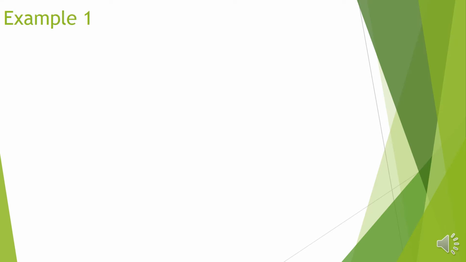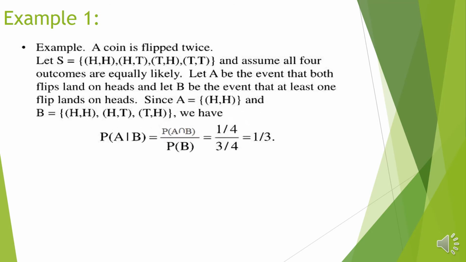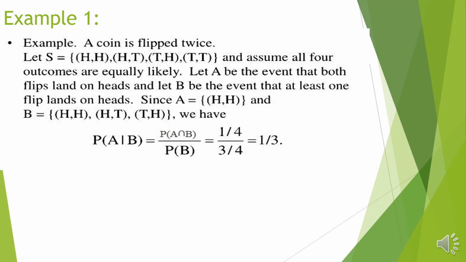Next, let's see a counter example. In this example, a coin is flipped twice. What are the possible choices if we flip a coin twice? We get what?